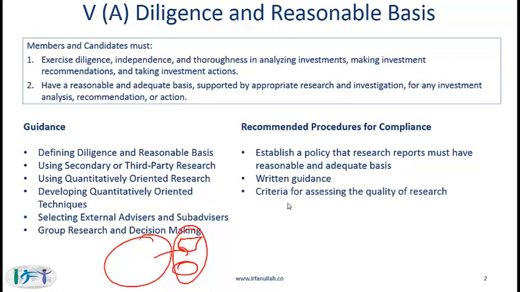There needs to be a criteria for assessing the quality of research. If this criteria is defined, then it becomes easier for the review committee or the review supervisor to determine whether it is acceptable for a particular report to be circulated.